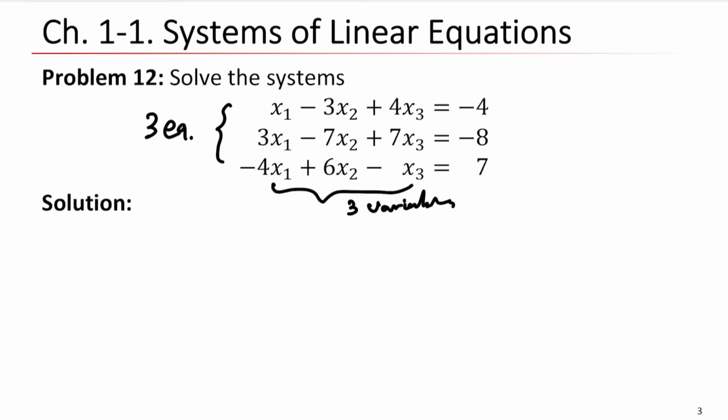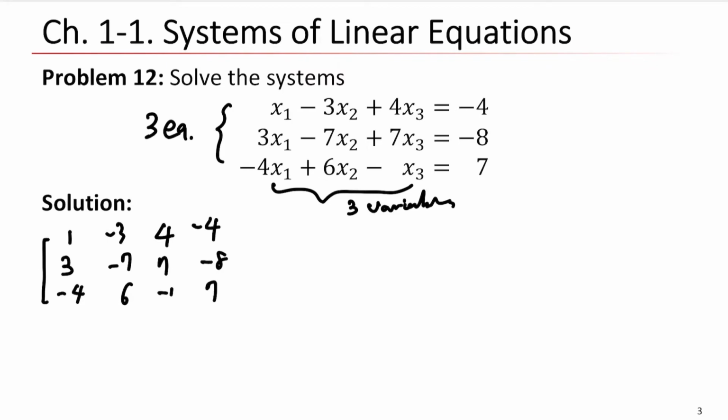Then how can I solve this? First of all, we have to find the augmented matrix of this linear system: 1, 3, -4, -3, -7, 6, 4, 7, -1, -4, -8, 7, right?